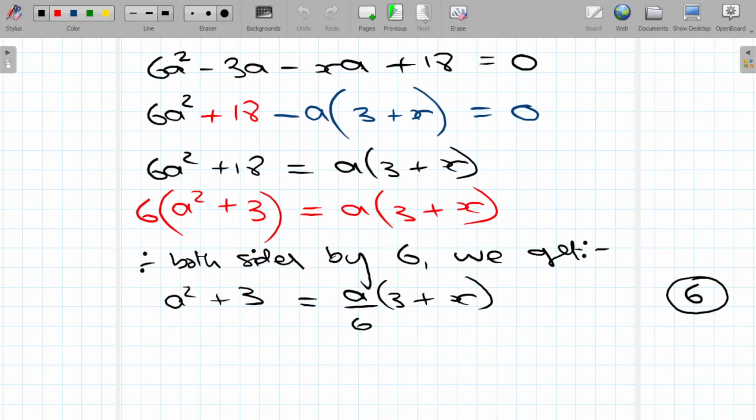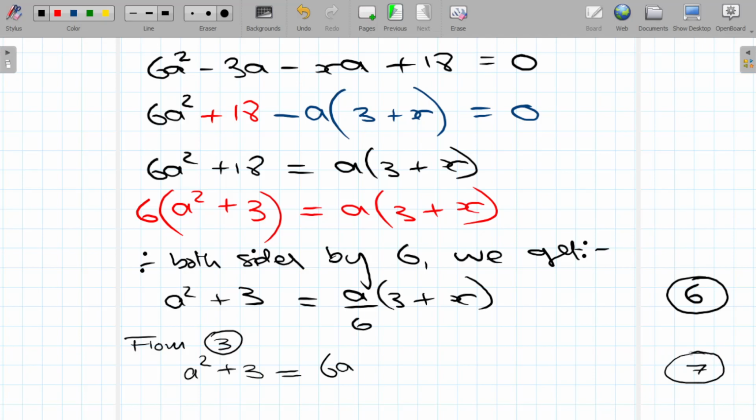So let's write down from equation 3, a squared plus 3 equals 6a, right? So we'll call that equation 7.